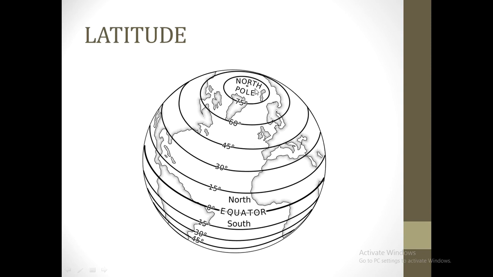So all the latitudes are not the same in size. Look at the globe. When we go towards the North Pole and South Pole, the latitude size gradually decreases.